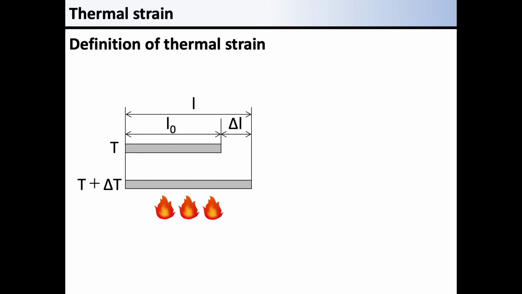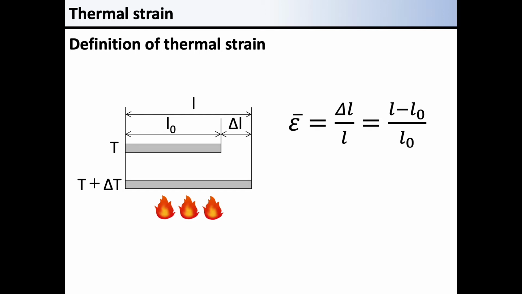Then, we noted that the original length of the bar, which is L0, has become L due to the rise of the temperature. This is the equation that defines the thermal strain.